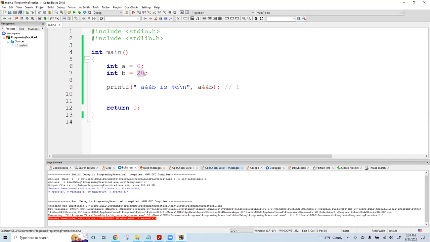It only checks whether it is zero or not. So let's say, I don't know whether this would work.